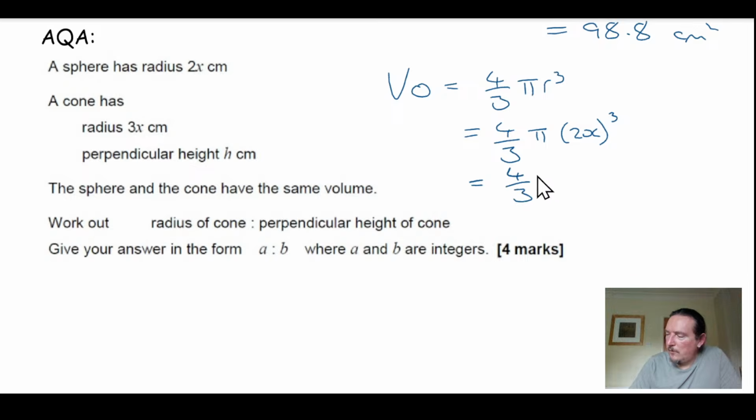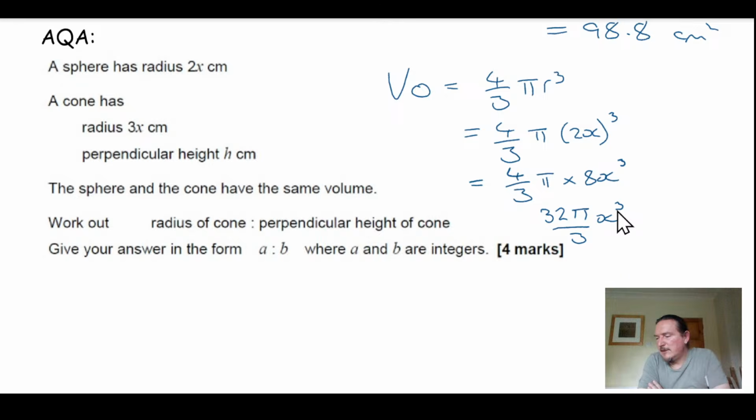So that's 4/3 pi times 8x cubed, because 2 cubed is 8 and x cubed is x cubed. So then I can combine the 8 with the 4. 8 times 4 is 32. So it's 32 pi over 3, x cubed for that one. Okay, so that's the sphere. And then we've got the cone.